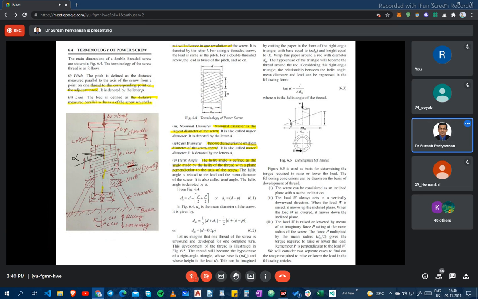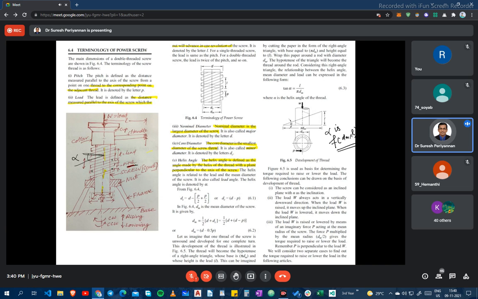Clearly you can see here, this is the helix angle. Now, how are we finding the helix angle? The helix angle alpha is a function of dm and the lead.